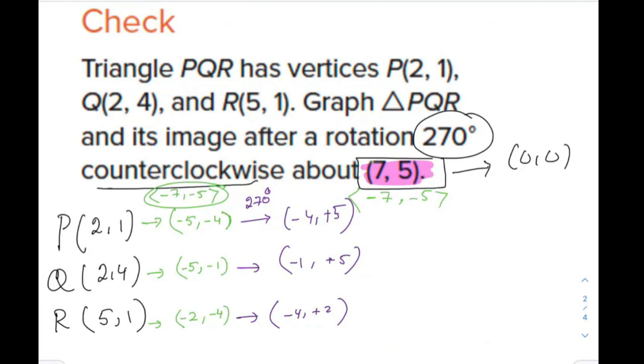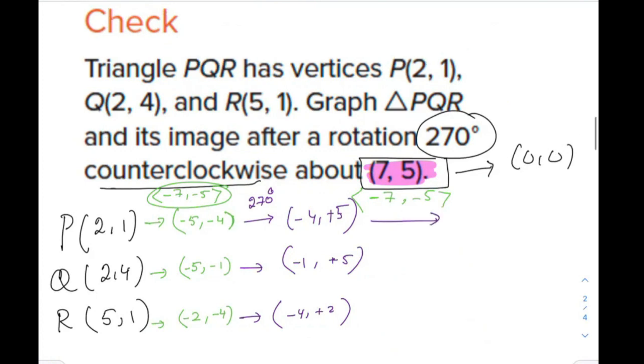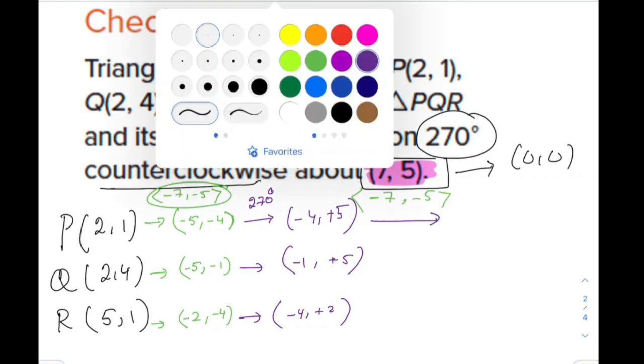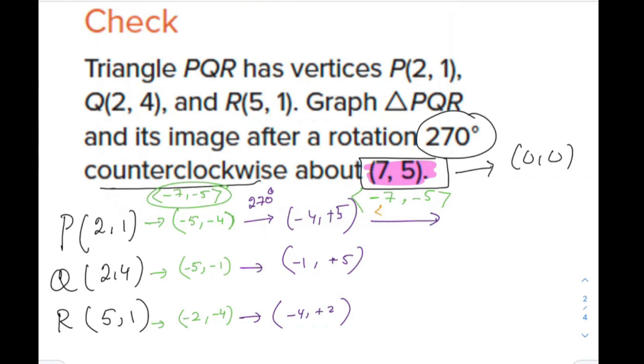Then what you have given, you will take it back. Now we will reverse the operation. Instead of giving or taking 7 and 5, we will now add 7 and 5, vector 7 and 5 for each point.